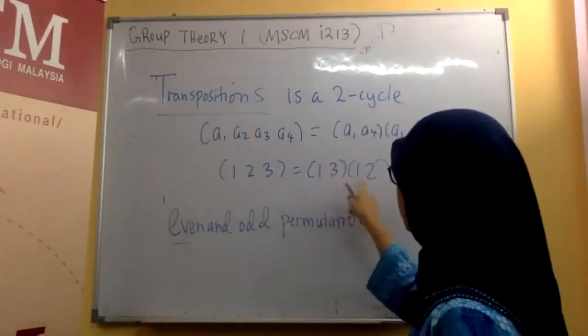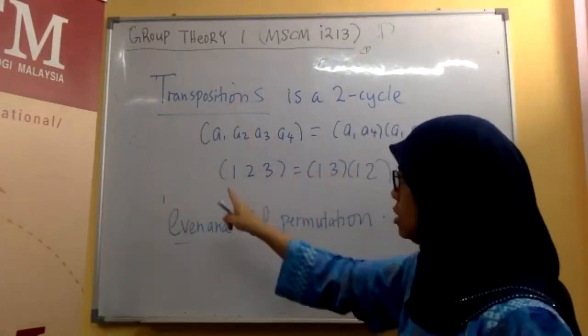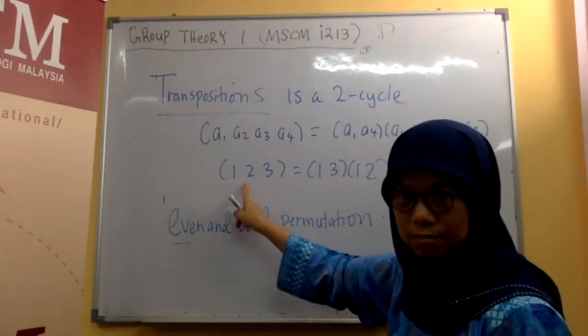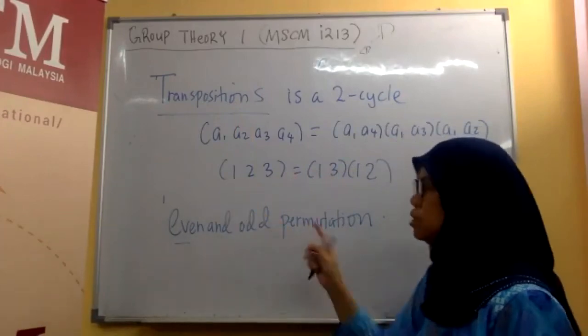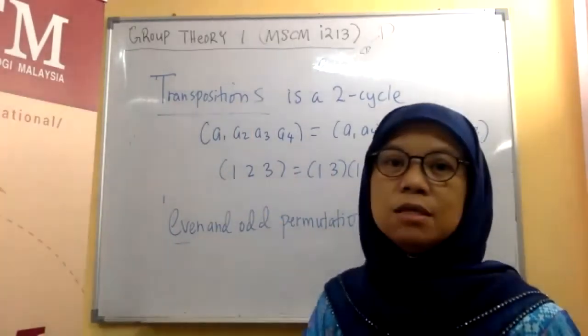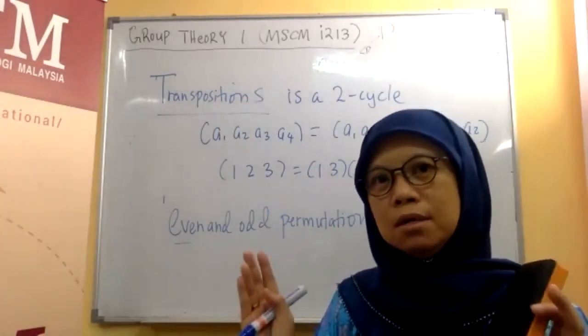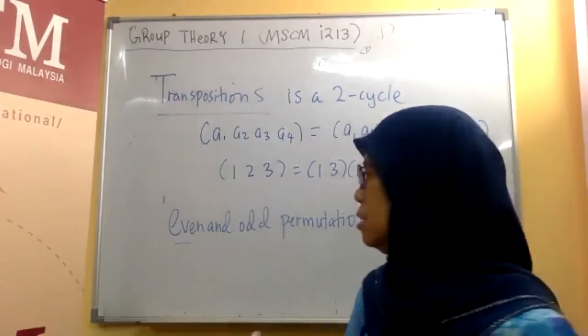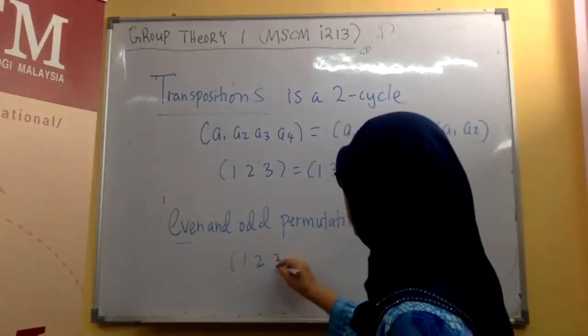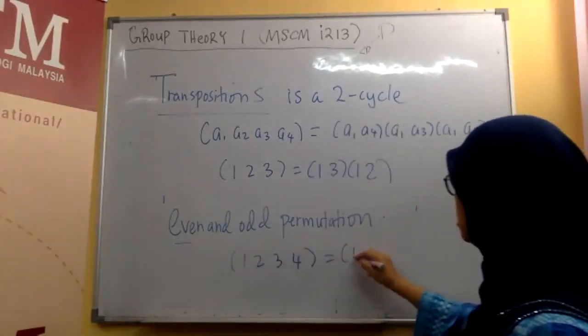Like this, 2 is even, so this is even. And an odd permutation is a permutation that can be written as an odd number of transpositions. So (1 2 3 4) is an odd permutation.